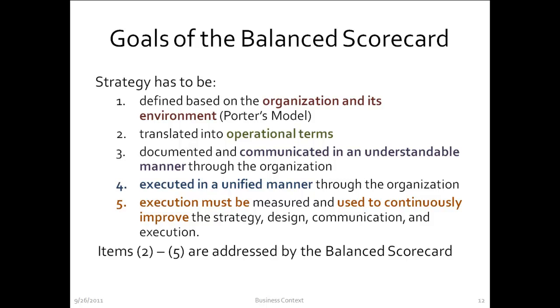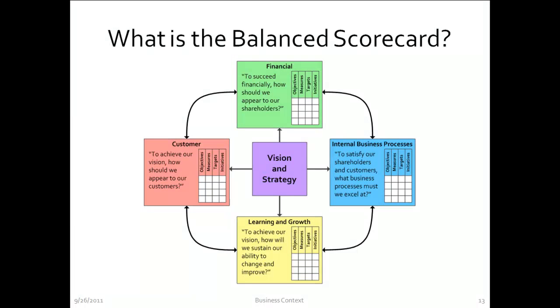And actually there is more. This execution, this operationalization of the strategy has to be measured and used to continuously improve the strategy, the plan, and the execution. These items 2 through 5 are addressed by the balanced scorecard.